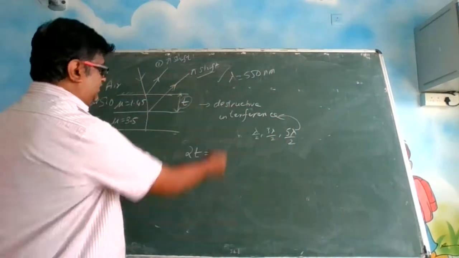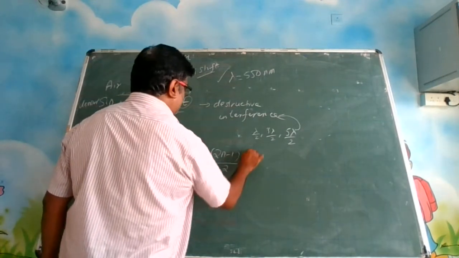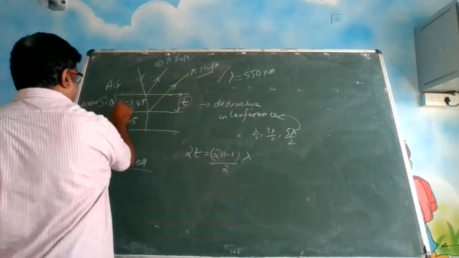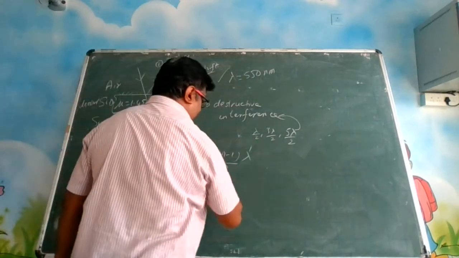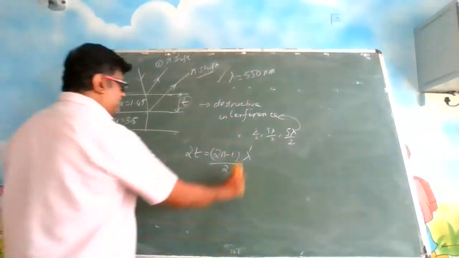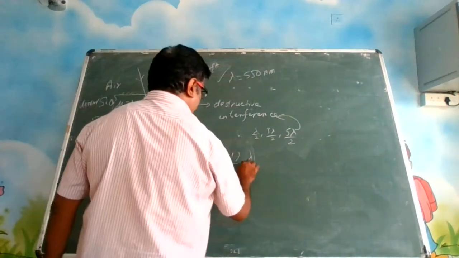So the general form is (2n minus 1) divided by 2 into lambda. Which lambda we have to put? Lambda in this region. We have to put lambda dash, which is lambda divided by mu.